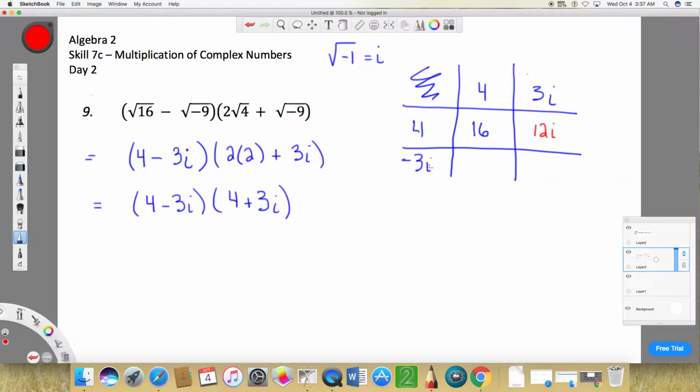Here we have negative 3i times 4, which is negative 12i. So do you see how these are going to cancel? 12i take away 12i is 0. And every time that we have one being negative and one being positive, and the other numbers being the same, that's going to happen.